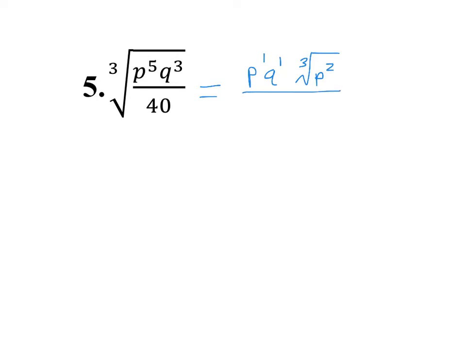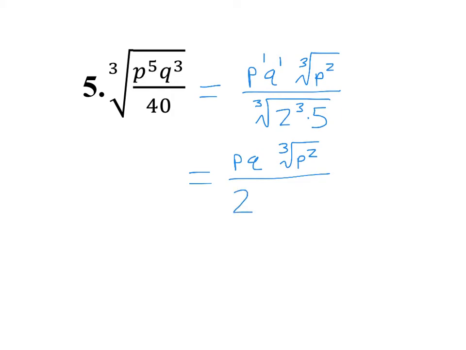All right, on the bottom, we have cube root of, I'm going to break down 40. 40 is 8 times 5, or 2 cubed times 5. So I haven't simplified the bottom yet. The bottom becomes, so let me simplify the top as well, pq, cube root of p squared. And then on the bottom, we can bring a 2 out, but the 5 has to stay on the inside.